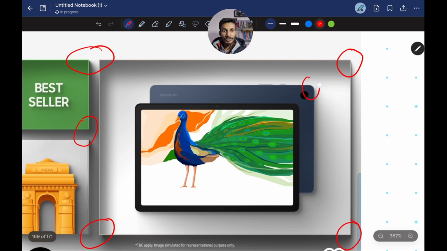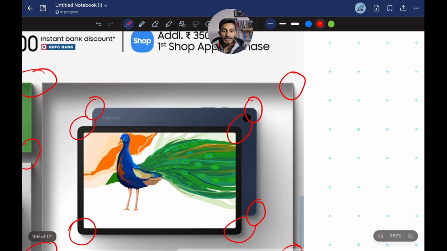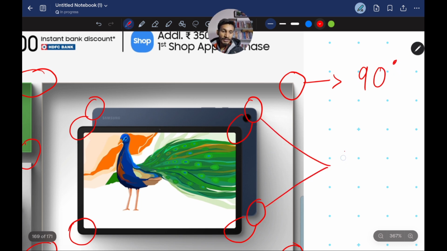If you see the corners of these products, these corners are not 90 degrees. These are rounded, right? I would point out these corners just in case. So here we have a discrepancy. This is a 90-degree angle, but these are rounded.